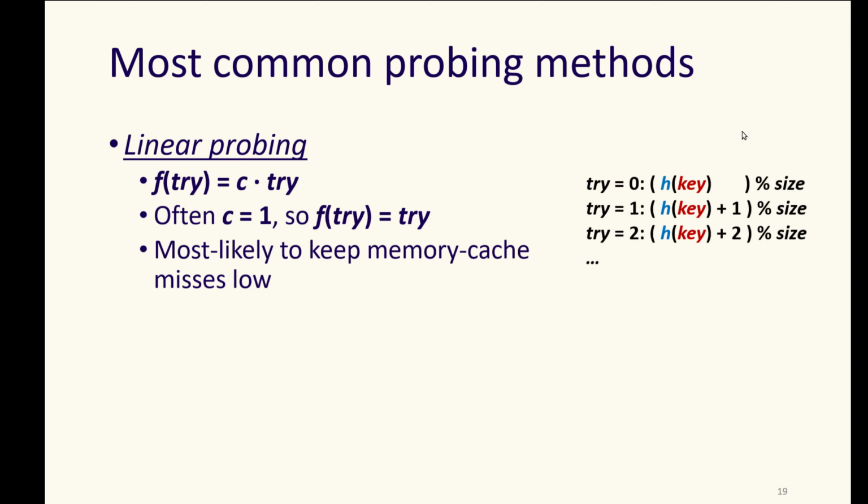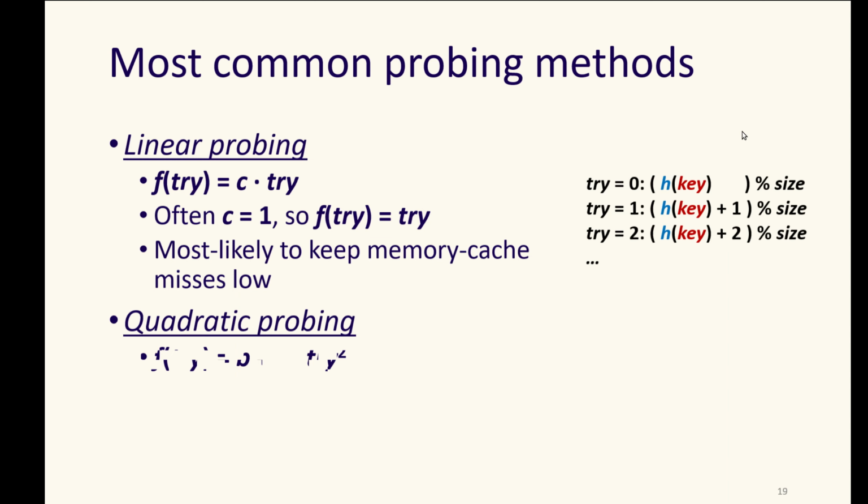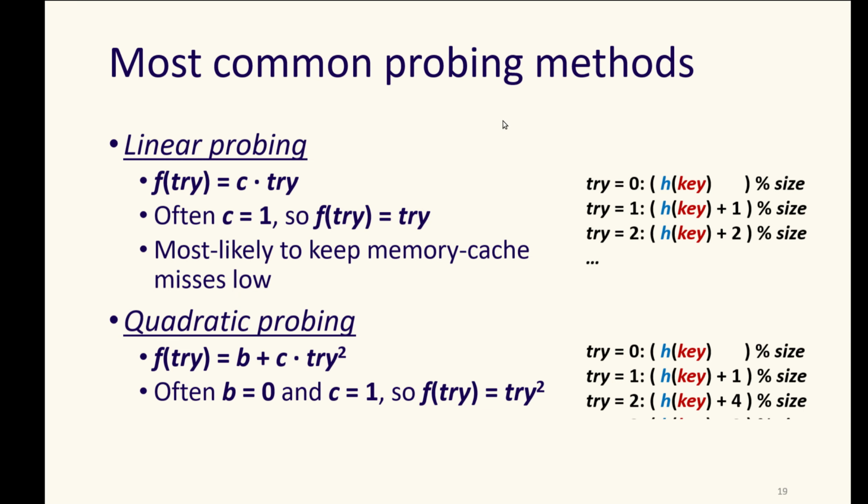Quadratic probing follows a quadratic function with some constant and some linear coefficient possible if you want to change those around a little bit. So we will often set the constant amount to 0 and the coefficient to 1 so that we're just squaring whatever value is given to us. And this will step us through the list a little faster.